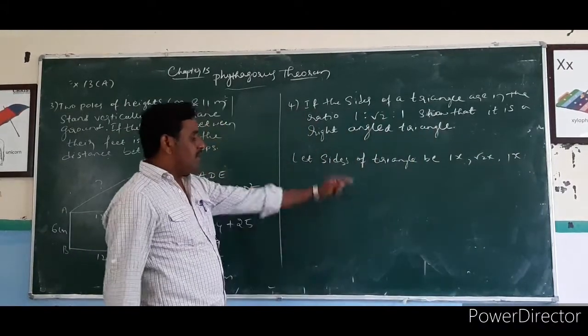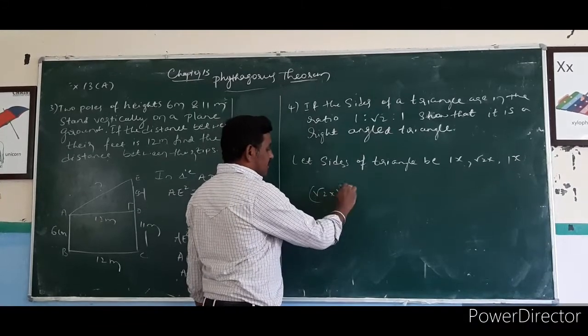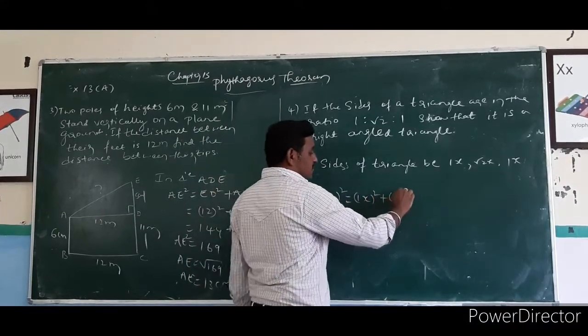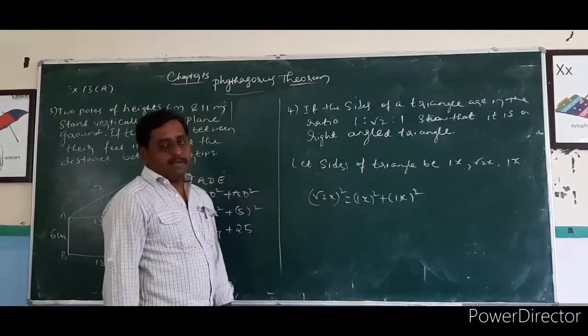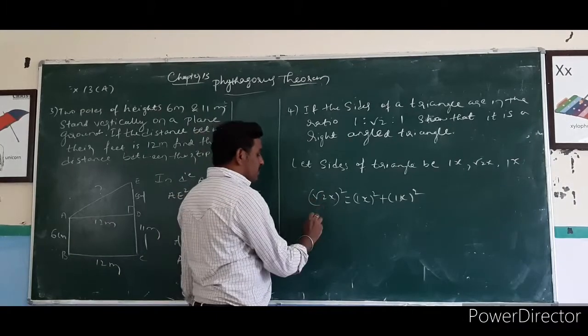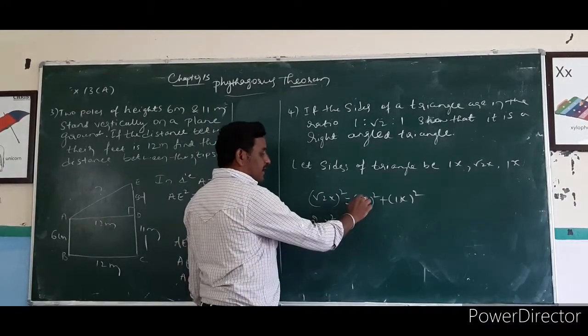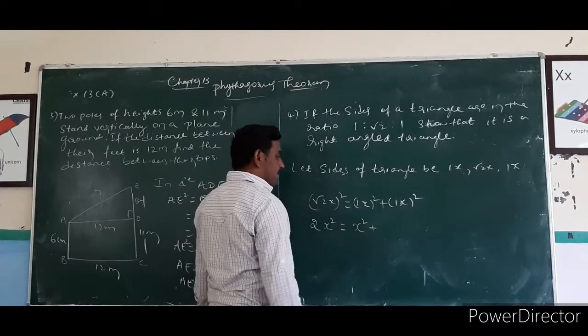So if I take root 2x whole square, and 1x whole square plus 1x whole square. If you simplify, root 2 whole square means 2, x square means x square. Here 1 square means 1, x square means x square.